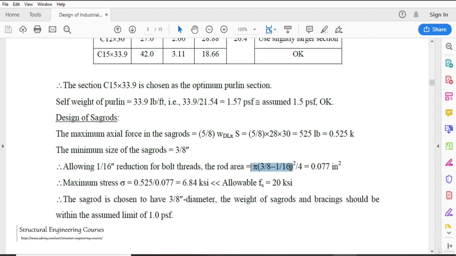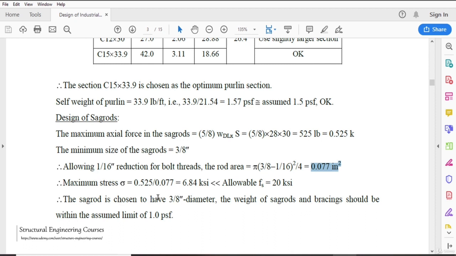So the rod area is nothing but 3/8 inch minus 1/16, that is this reduction, pi d square by 4, that is 0.077 inches square. So maximum stress, here we can check that it is 0.525 kips divided by 0.077 inches square. So it comes out to be 6.8 KSI, whereas the allowable is obviously 20 KSI.